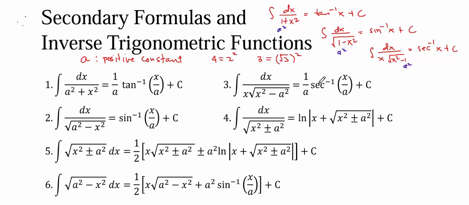So arctan and arcsecant have 1 over a; only arcsine does not.